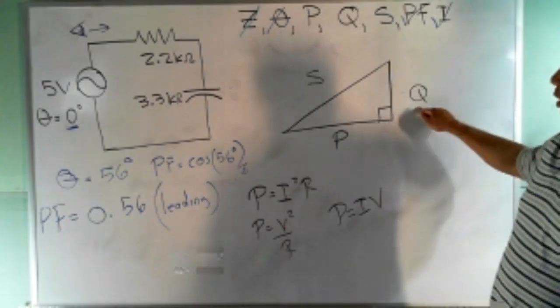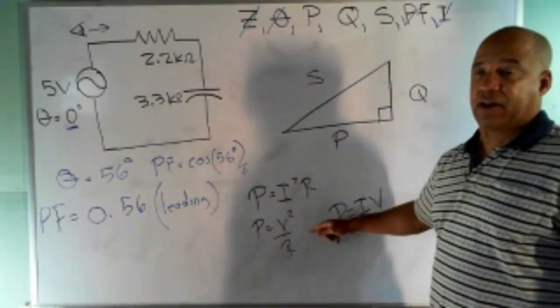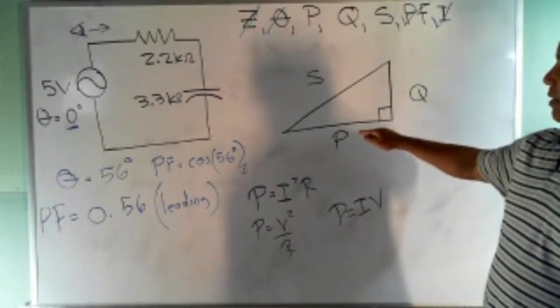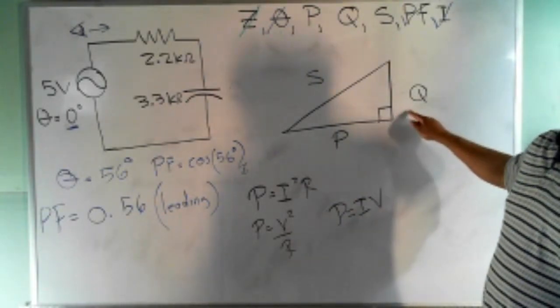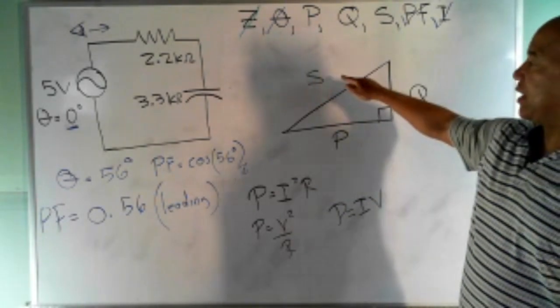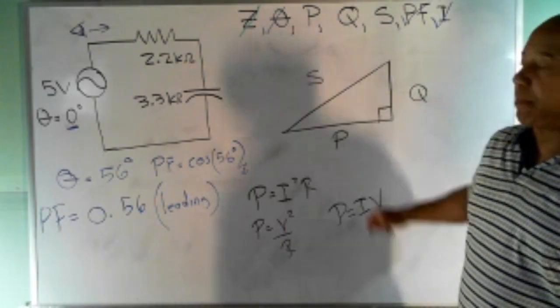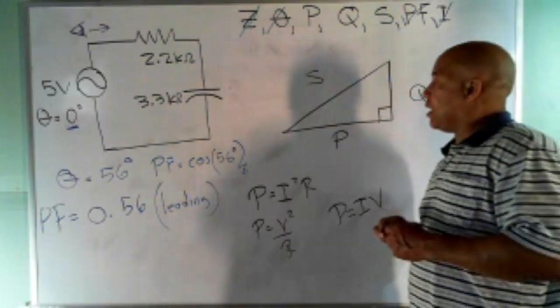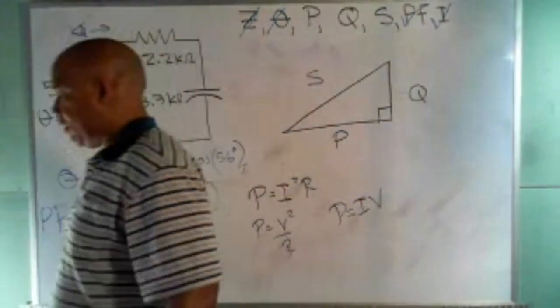Of course, if I'm using this instead of R, I have X's there. Use any form of Watt's law to get the two legs, and then we use the Pythagorean theorem to get the hypotenuse, which is the apparent power. So go ahead and do that if you didn't already do it.